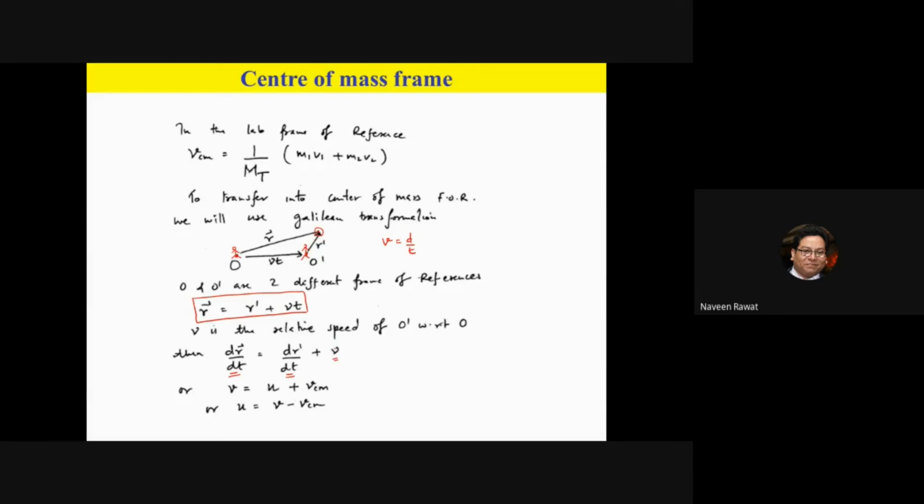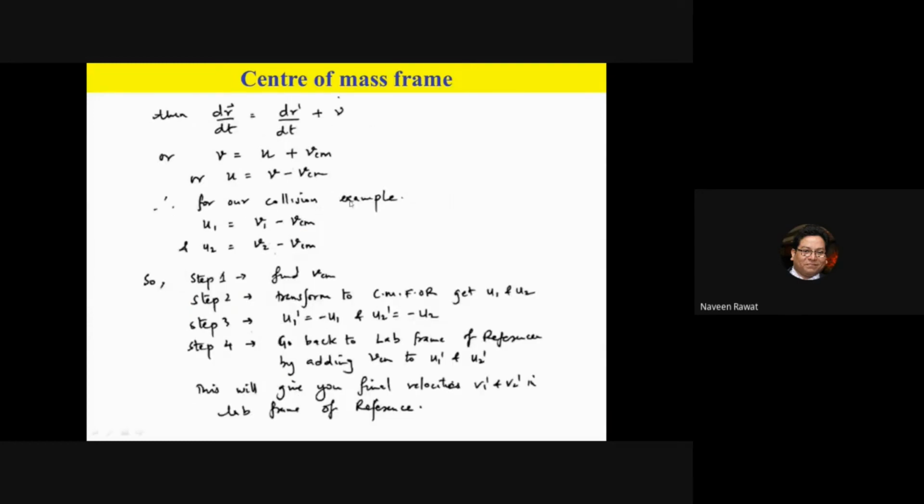Remember, the center of mass is a position, and it might be moving with some velocity, right? So this o prime, which is our center of mass now, can be moving with some velocity. We know that velocity is v of center of mass. It can be zero, or it has to be a constant value. That's how you relate one frame of reference to the other. And of course, if you are considering collisions, then you have the velocities for two objects.